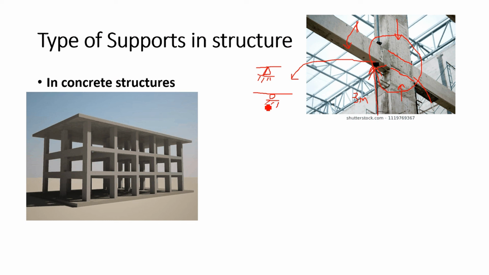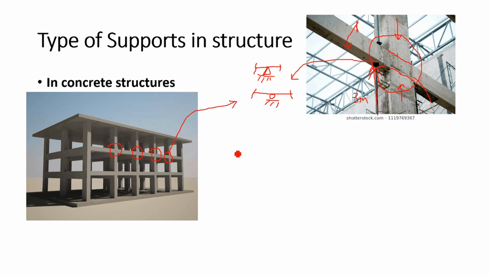So this member is continuing, here also the member is continuing. Again I am repeating, when you get this kind of arrangement, for example in this picture, if you take this large beam, these supports I am marking here you can assume as internal rollers.